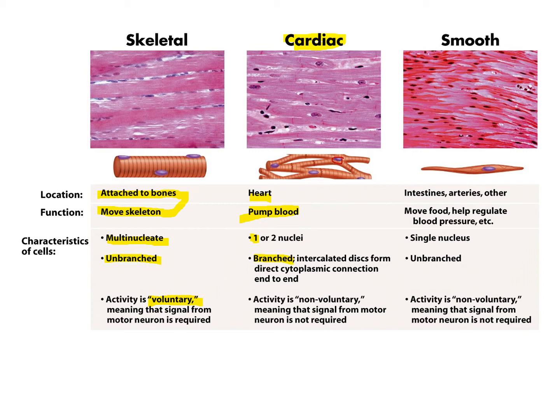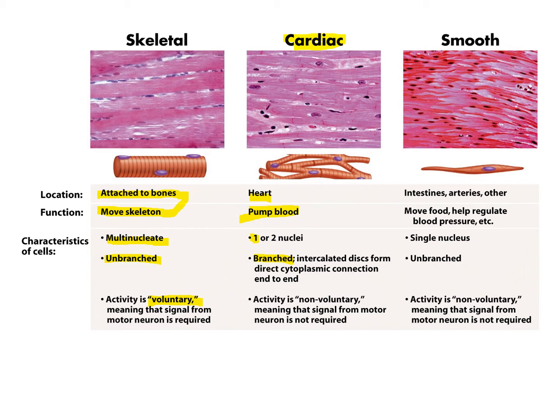There's a single nucleus and this branching-like structure of that cardiac muscle cell. If you look carefully at the photomicrograph, you can see that it also is striated or striped, just like skeletal muscle.